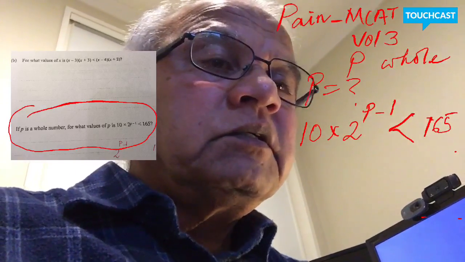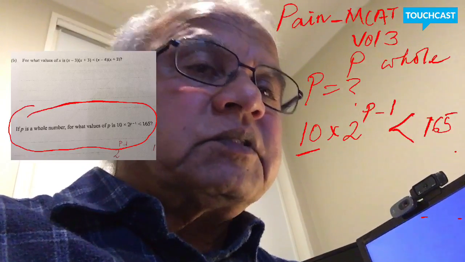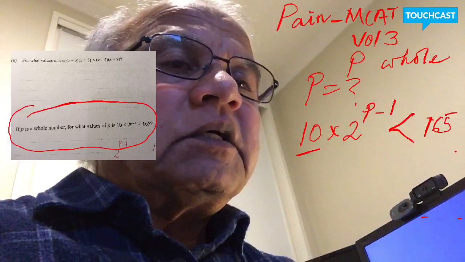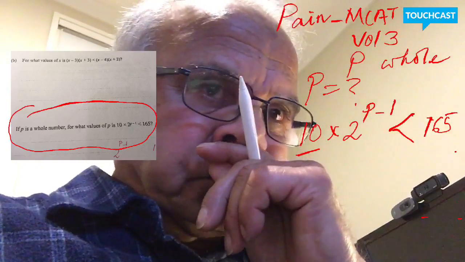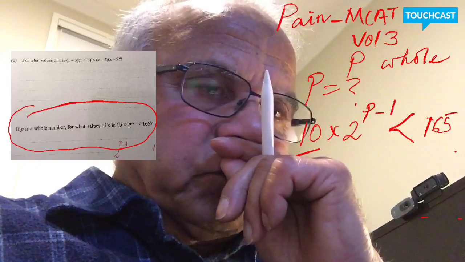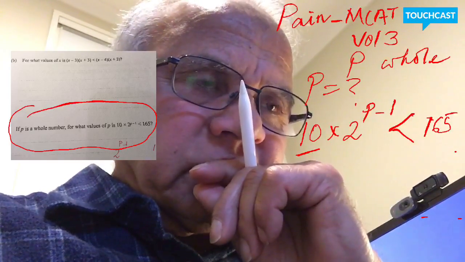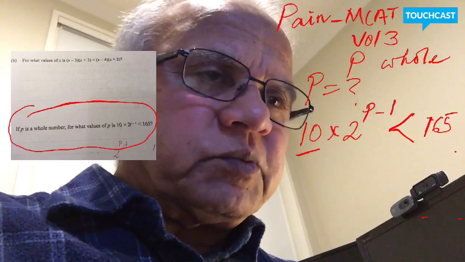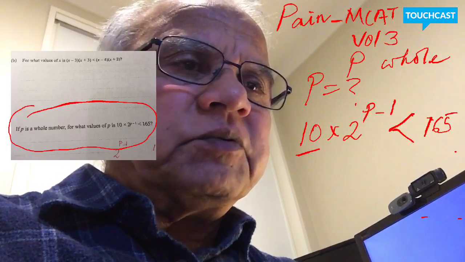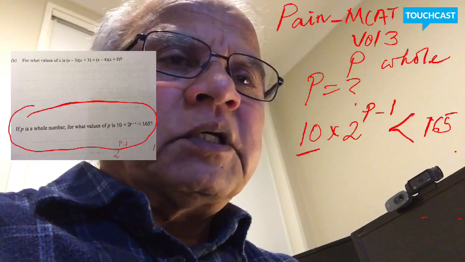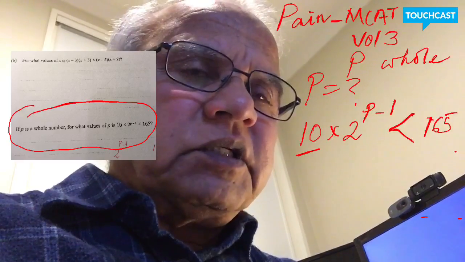It's not easy. This number makes it hard, because like the earlier one, you cannot simply make it a sort of base to index number. It's not that simple. 165 is a multiple of 5, and there is an inequality sign which can cause huge concern for 15 to 16 years old.